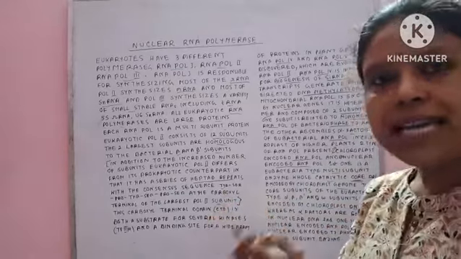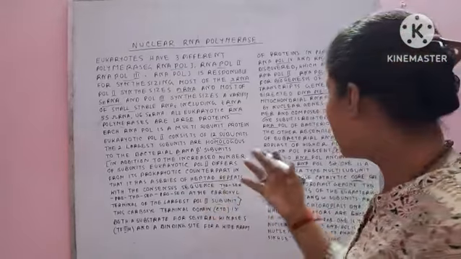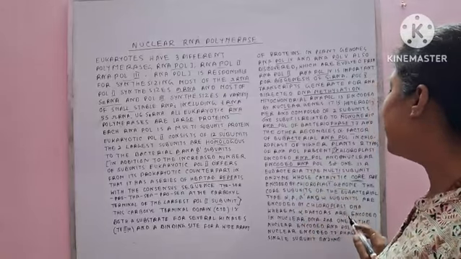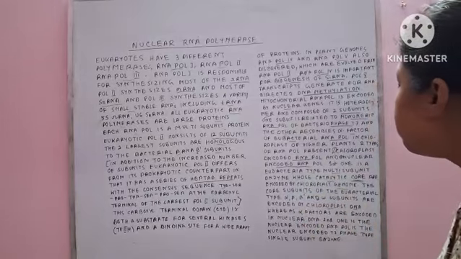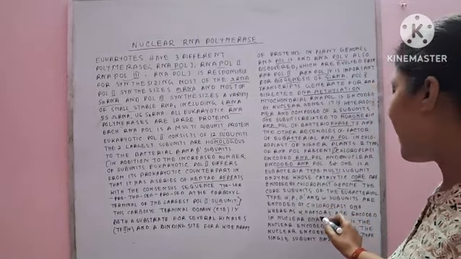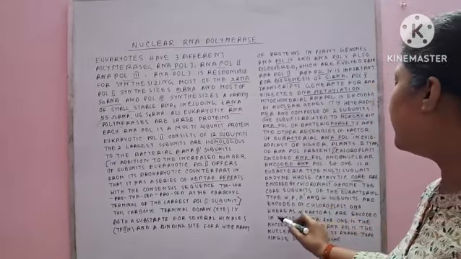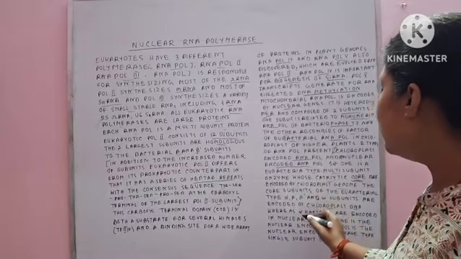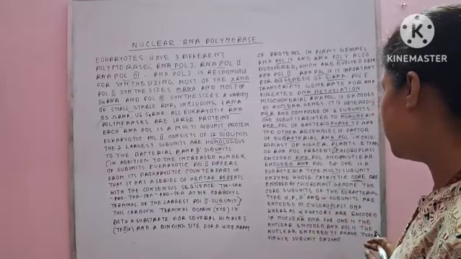The alpha factors are encoded in the nuclear DNA, but in the case of nuclear DNA, only the alpha factors are present.